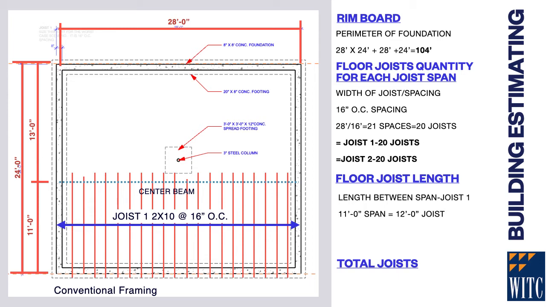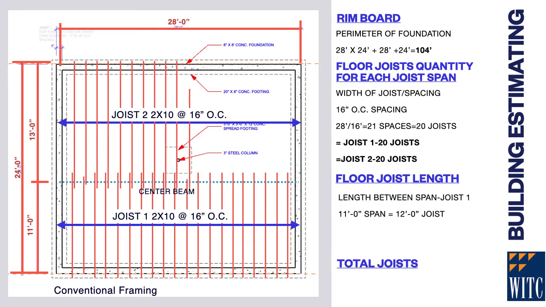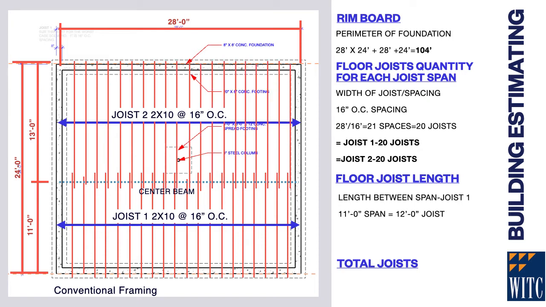And what we're going to do is over the beam, we're just going to overlap that joist. Now, if it was a flush beam, then we would just cut the joist to fit in between exactly to size. Now our joists on the other side are still 2x10, 16 inches on center. In this example, the clear span is 13 feet, so we have to go with 14 foot joists as the closest that will fit that span.